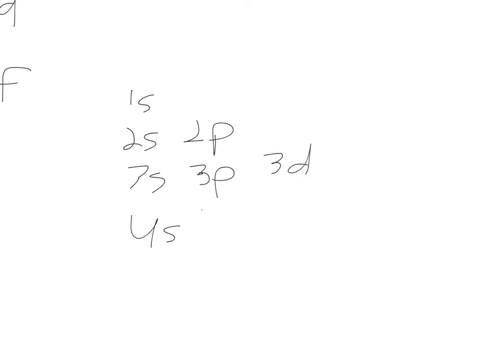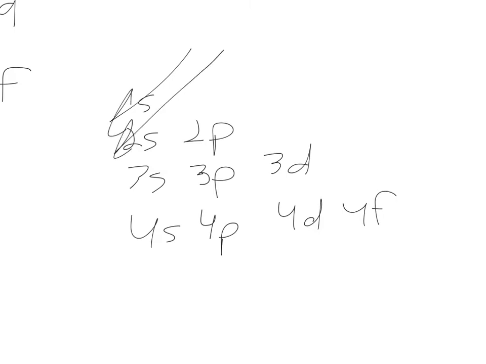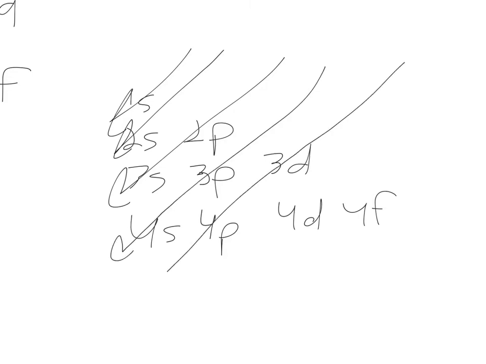You do 1S, 2S, 2P, 3S, 3P, 3D, 4S, 4P, 4D, 4F. And when you're filling them, you start here 1S, then 2S, then 2P, then 3S, then 3P, then 4S, and then 3D and 4P.